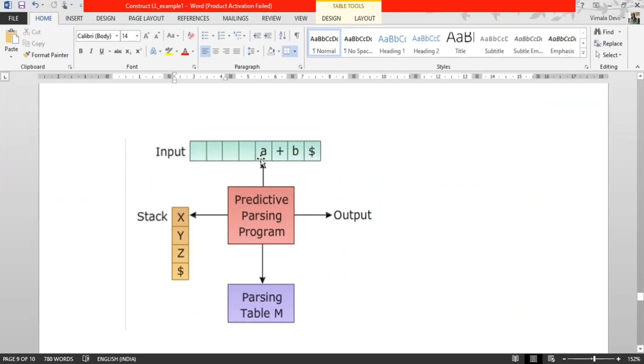And while scanning the input from left to right, character by character, it may push or pop some symbols onto the stack. Once it reaches the end of the string, the parser will say yes or no. Yes is nothing but it has recognized the string. No is for not recognizing the string. So the parser is equivalent to a pushdown automata. Now let us see how to parse the string with an example.